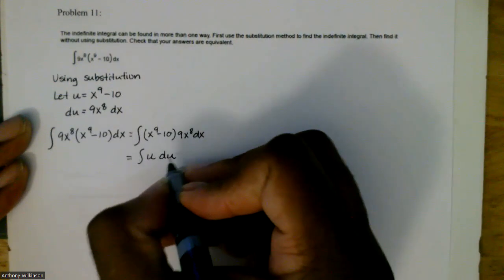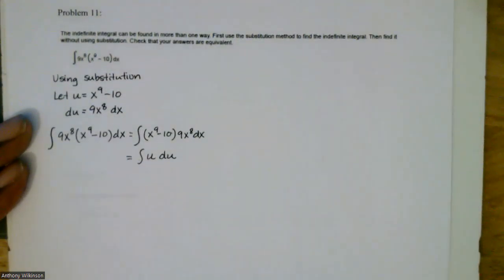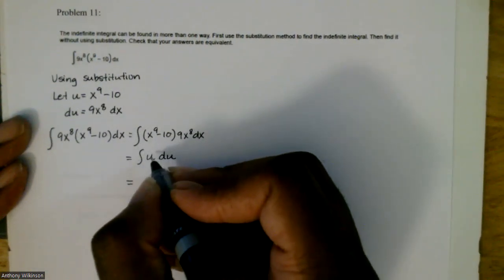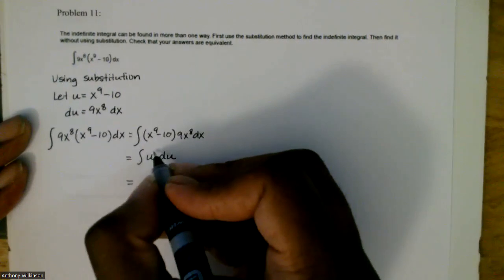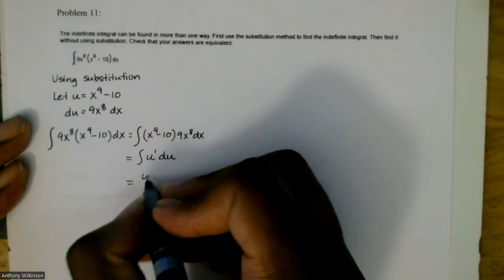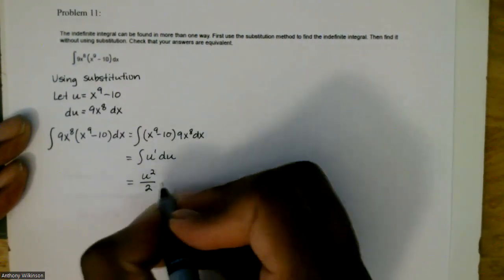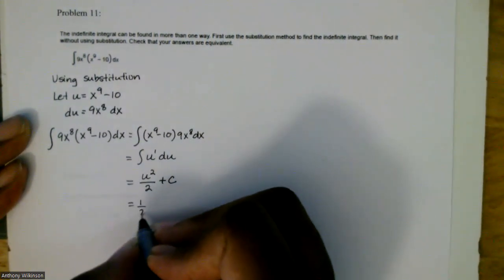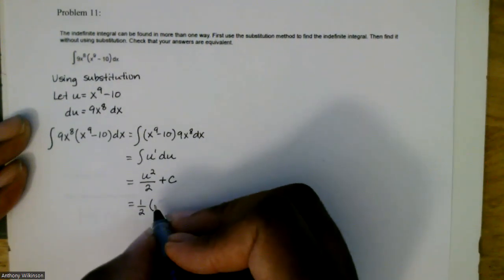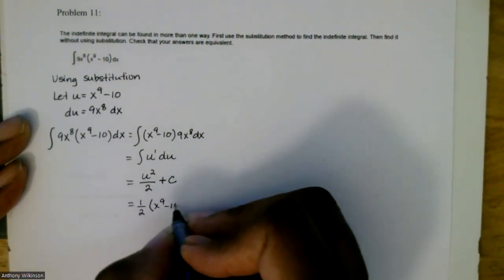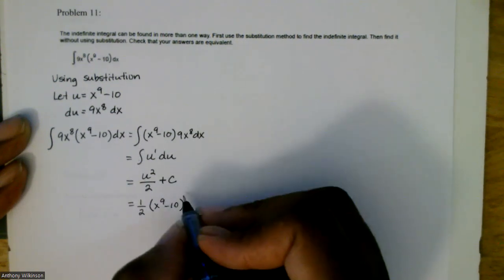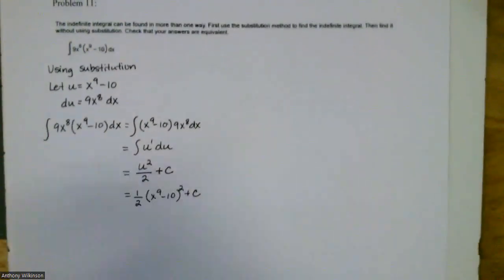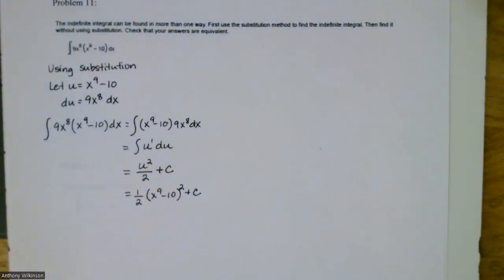So here I've got the integral of u du. And this is u to the understood 1, so I need to increase the power by 1. So 1 plus 1 would be 2, so it'd be u squared divided by that new exponent of 2, plus c. So that means I'm going to have 1/2 times u, which in this case was x to the 9th minus 10, squared, plus c. So that's using substitution.